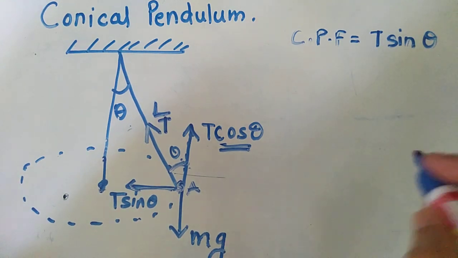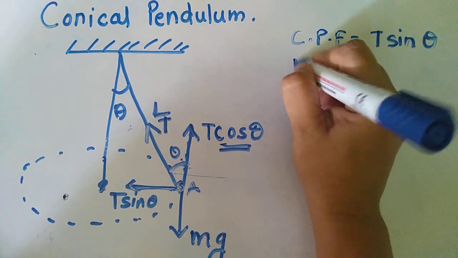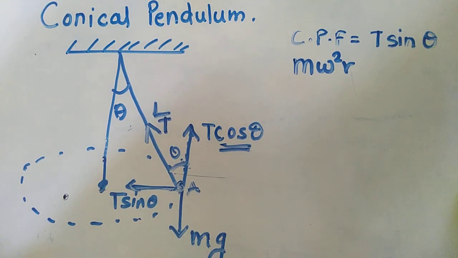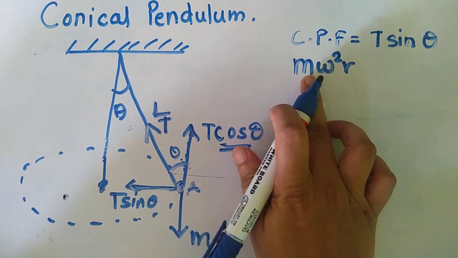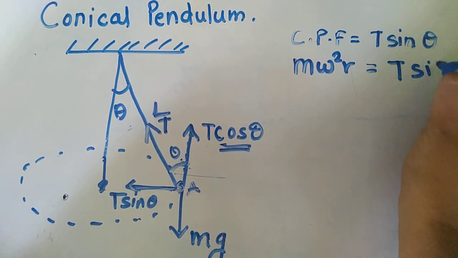We know the value of centripetal force is mv square by r, or we can write m omega square r, because v is equal to r omega. So m omega square r is equal to T sin theta.